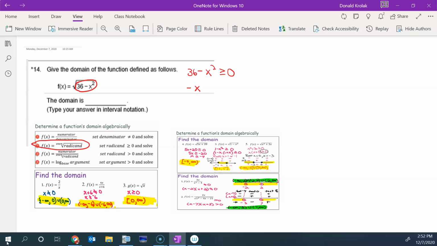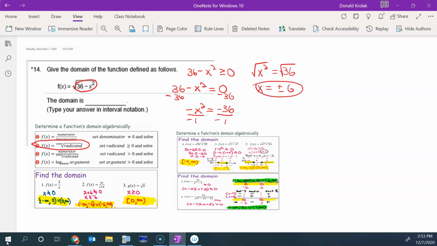So what you're going to do is find what numbers make it equal to 0. So I solve this expression. I'm going to move the 36 over, and I get negative x squared equals negative 36. Divide by -1. Get x squared equals positive 36. And now take the square root. Get x equals plus or minus 6.